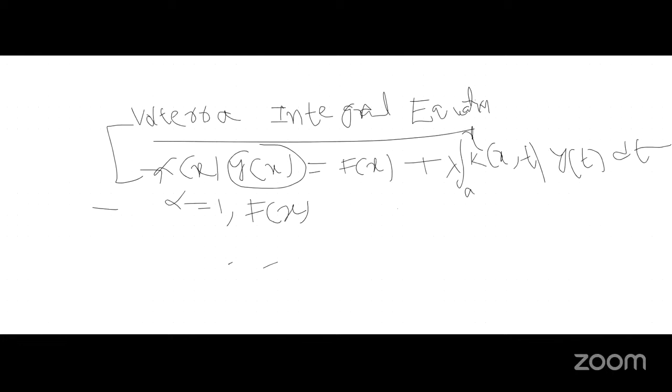Then the equation becomes y of x equal to lambda into integral a to x, k of x comma t and y of t dt.